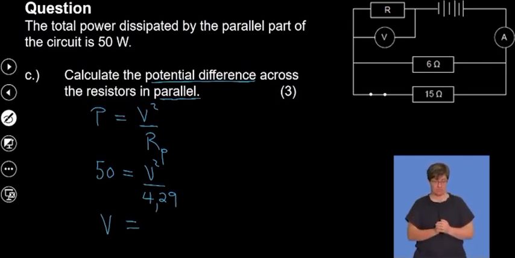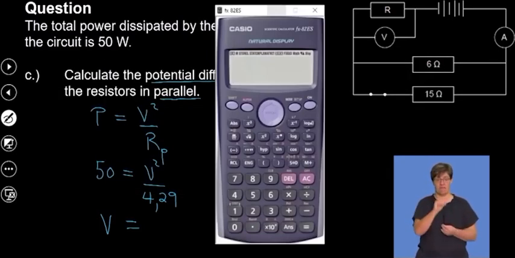On our calculator, we have 50 multiplied by, we've cross multiplied with the resistance, which is 4.29. That gives us that value. But remember, this is equal to V squared. So for us to get V, we need to find the square root of that value.